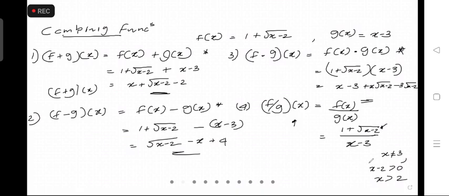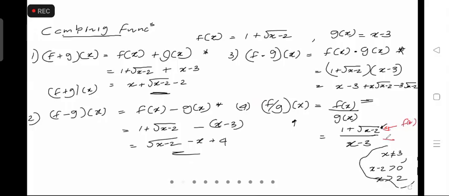These things you already know. I will write some extra things. This is one function, f(x).